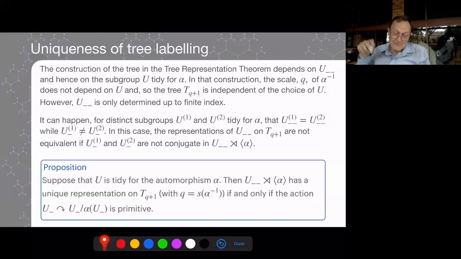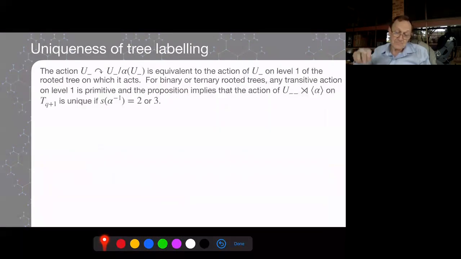Now, unique up to conjugation by an automorphism of trees, or an intertwining map between isomorphisms of trees. So this primitivity of this action is independent of our choice of U, and if that action is primitive, then the representation is unique.